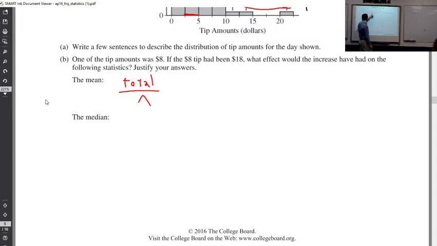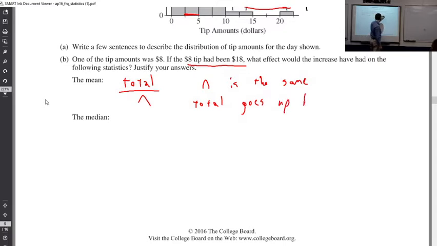And if an $8 tip gets changed to 18, N is the same, but the total goes up by how much? If we're going from $8 to $18, how much is that an increase by? It's going to go up by 10.